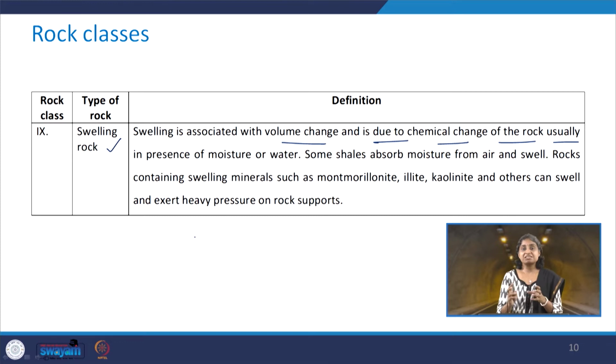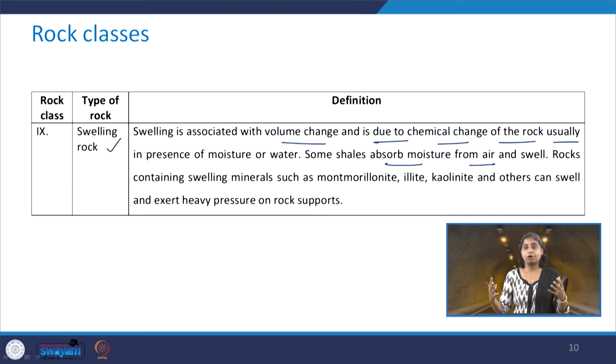So what happens is, let us say that you have some shale type of rock at the site. In the presence of water, such types of rocks like shales absorb the moisture from air, or if they are exposed to water, then of course they will be absorbing the moisture, and then they swell.